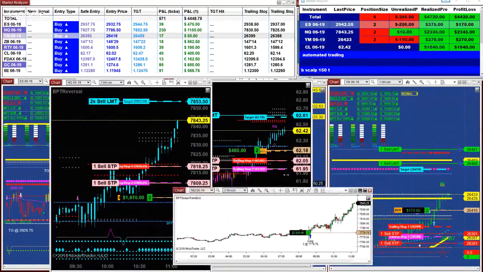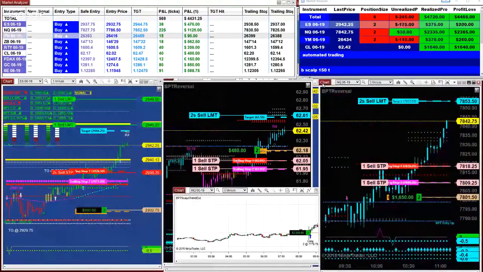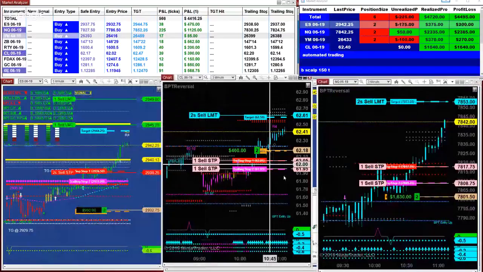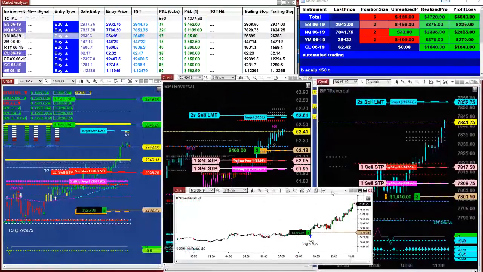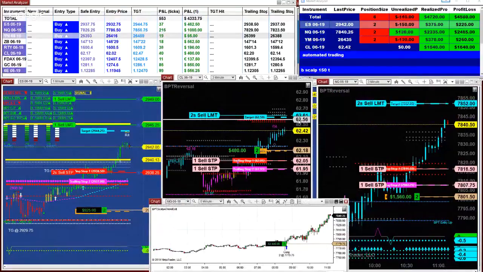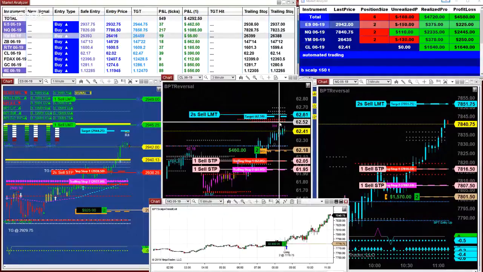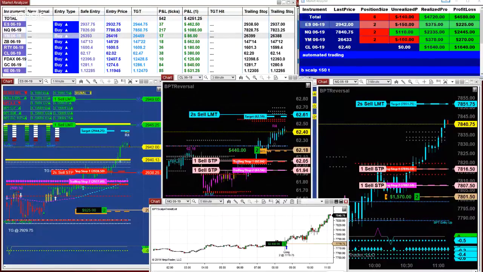So we are doing fine with that. On the CL, we are about to hit the resistance line at 62.52. A little pullback, but don't let it get to you.